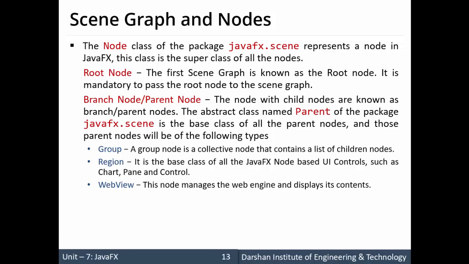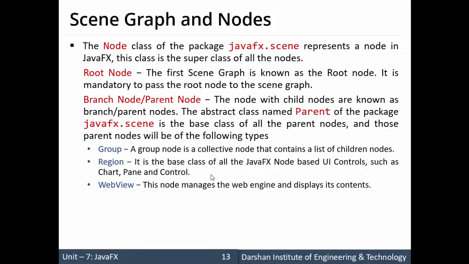One is group, can be a region, can be a web view. So group, what is group? A group is a collective node that contains a list of children nodes. Children nodes can be any. Same way region. It is the base class of all the JavaFX nodes based on UI controls.